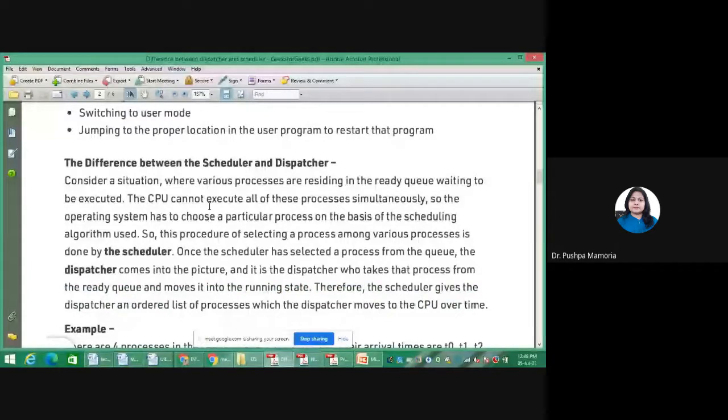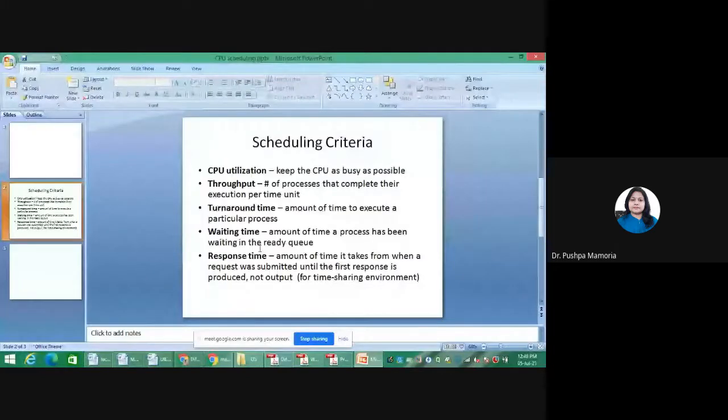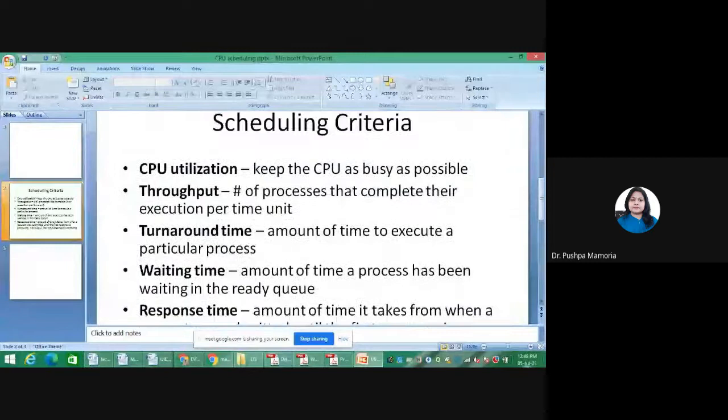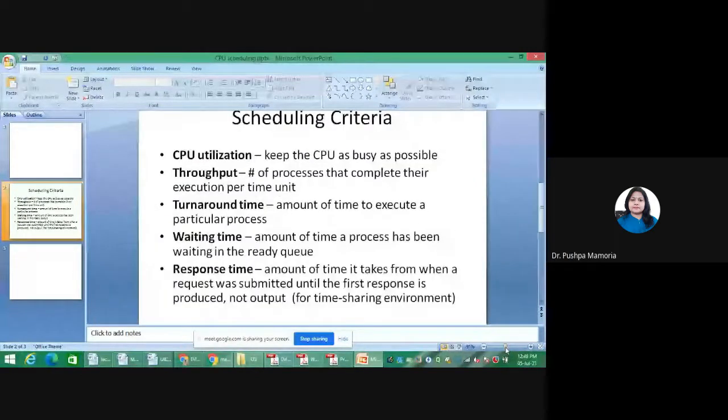Now for all these works we need some scheduling algorithms, right? Because of that, on the basis of some scheduling criteria, we can choose a method. Various methods are available, and we can choose a single method which is better, or on the basis of their working we can select various methods.